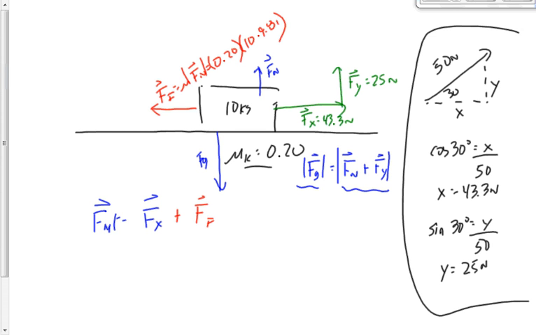Whereas in most of the other problems, it's just the normal force that's going to give me gravity. So the gravity is 98.1 newtons. The normal force is, don't know. The y component of the applied force is 25 newtons. So what we're going to do now is solve for the normal force, which is not 98.1, as a lot of you probably wrote down, but rather it's 98.1 subtract 25. So it's going to give me, what is that, 73.1?